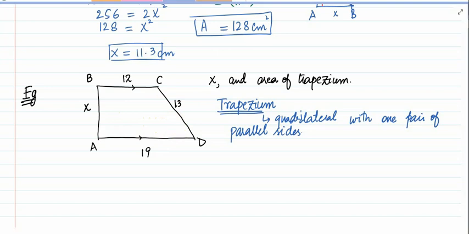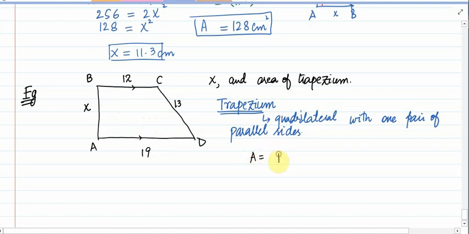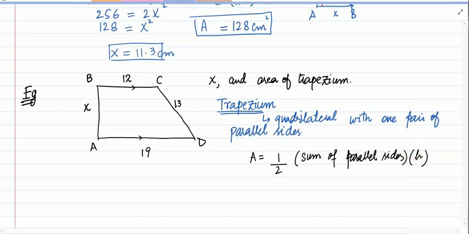Now the working formula for area. So the area of a trapezium is 1 upon 2 times the sum of parallel sides multiplied by height. That is the working formula for trapezium area.